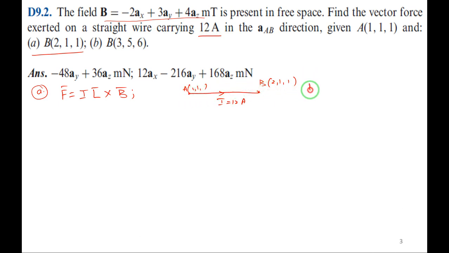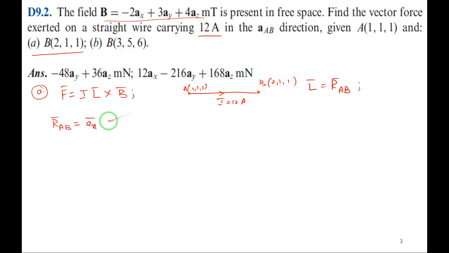So here the length of the conductor L we have to find out, and it should be a vector. It is nothing but the distance from A to B, the vector RAB. We already know I and B vector, so we will find the L vector, which is RAB. RAB is 2 minus 1, that is AX, then 1 minus 1, so Y is 0, and Z is 1 minus 1, which is 0.